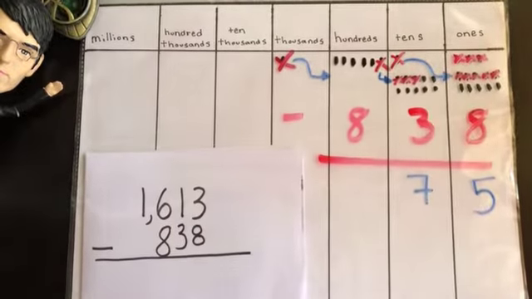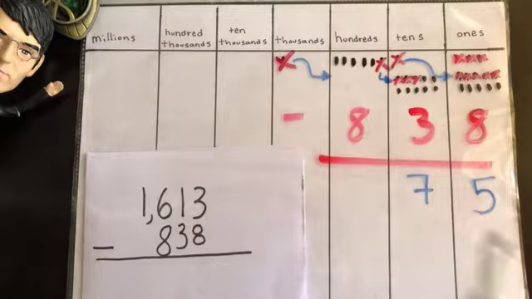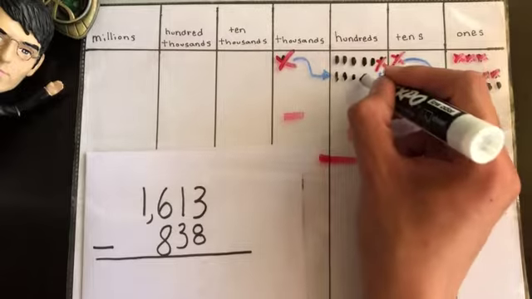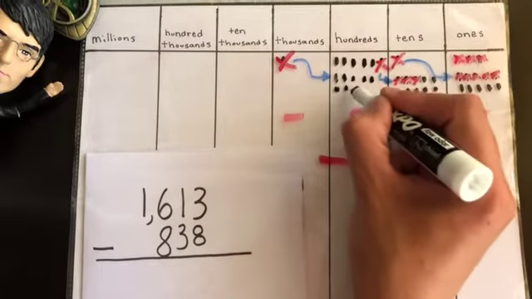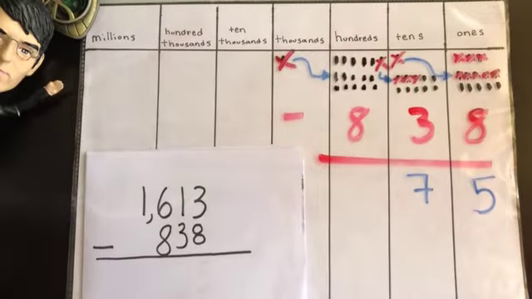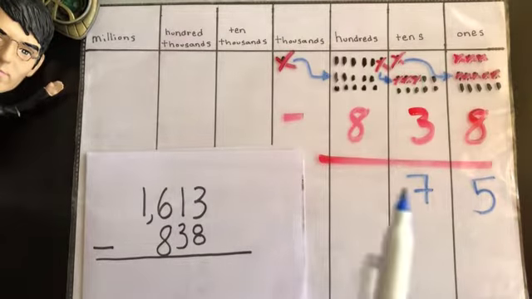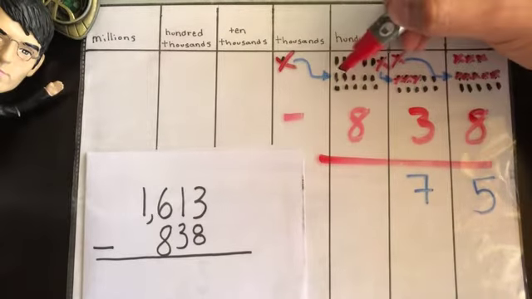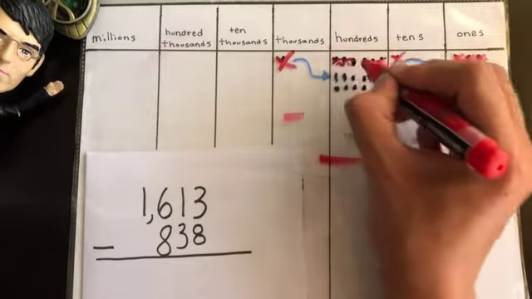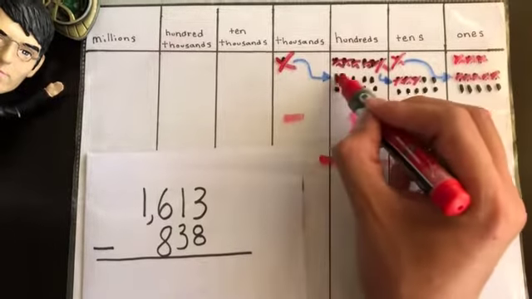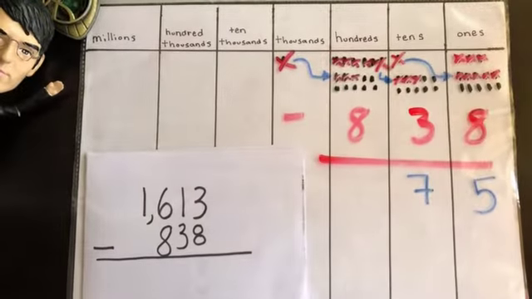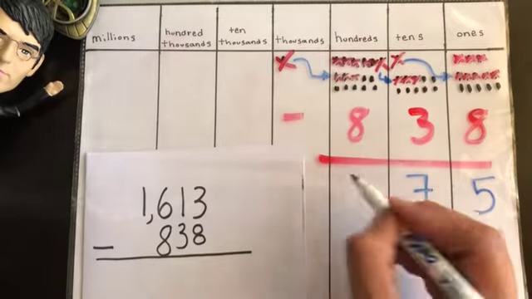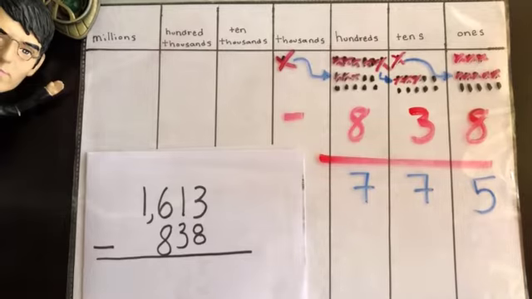So that 1,000 turns into 10 hundreds. 1, 2, 3, 4, 5, 6, 7, 8, 9, 10. Now I have enough hundreds to take away 8. I'm going to count them. 1, 2, 3, 4, 5, 6, 7, 8. How many hundreds do I have left over? 1, 2, 3, 4, 5, 6, 7 hundreds left over.